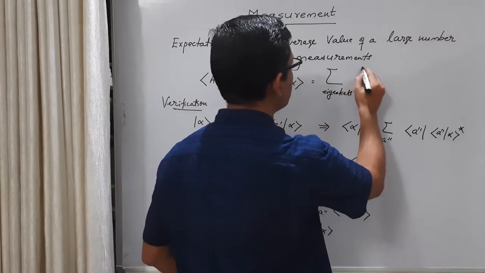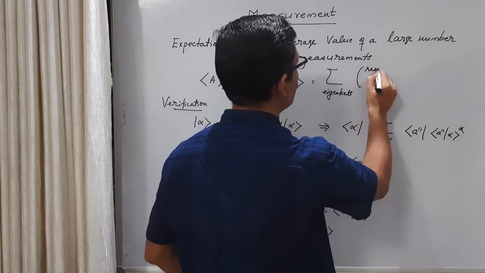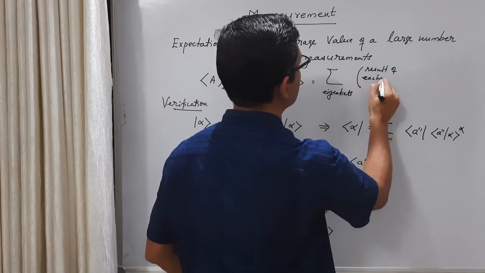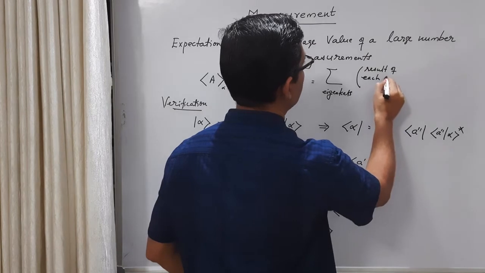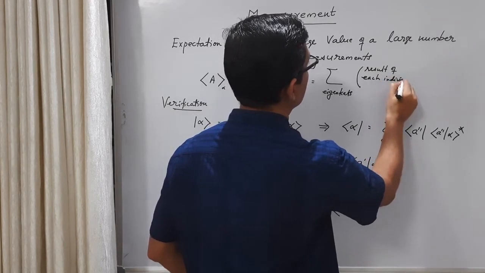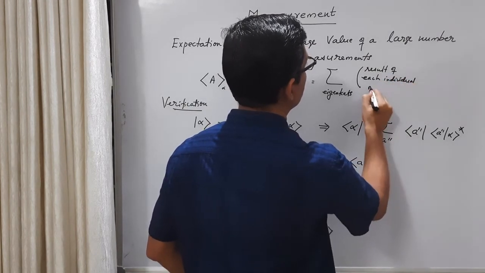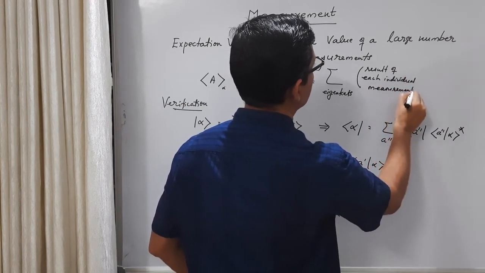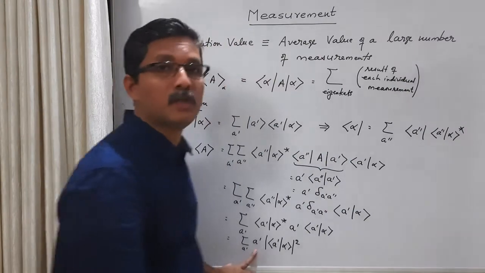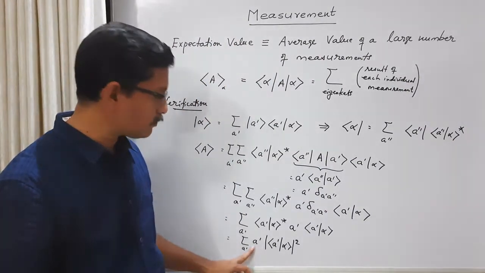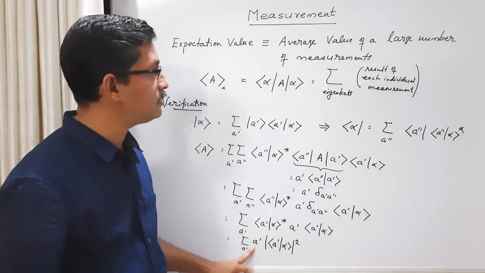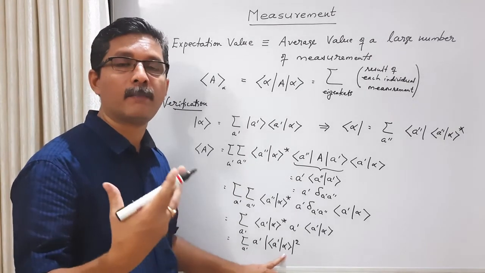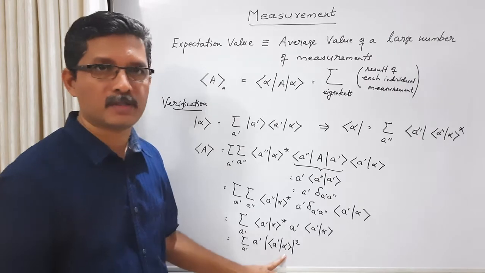This A prime is the result of each individual measurement, right? We know that the result of each individual measurement is one of the eigenvalues. So this is one eigenvalue. It's the result of each individual measurement. What is this? This is the probability of getting one particular eigenvalue as the result of a measurement.